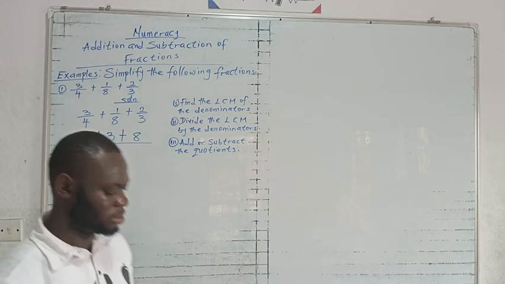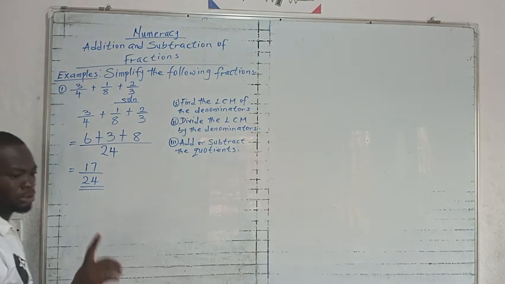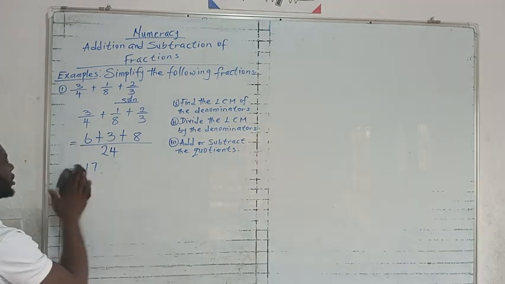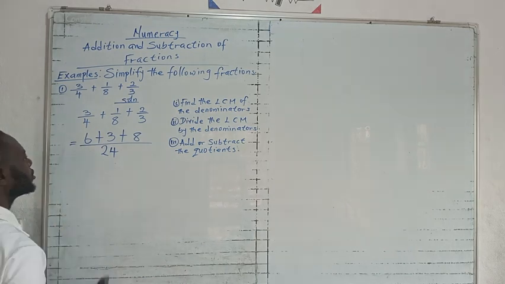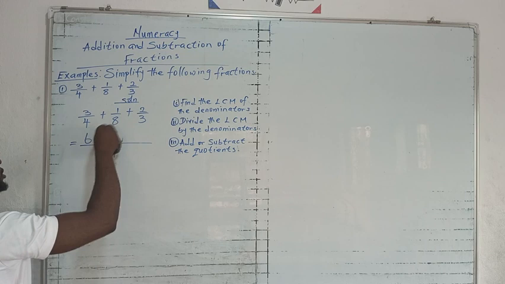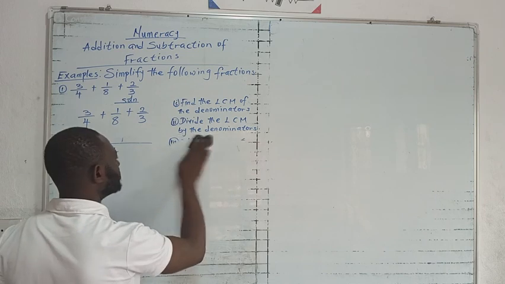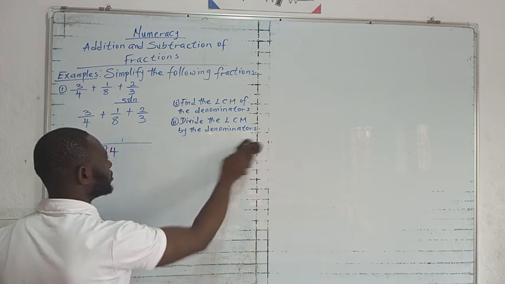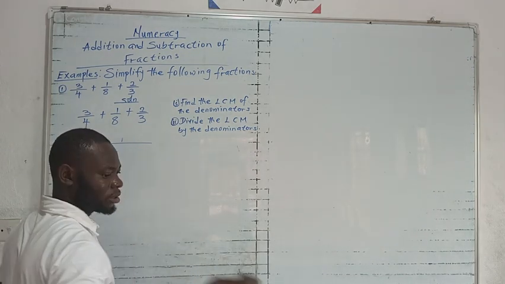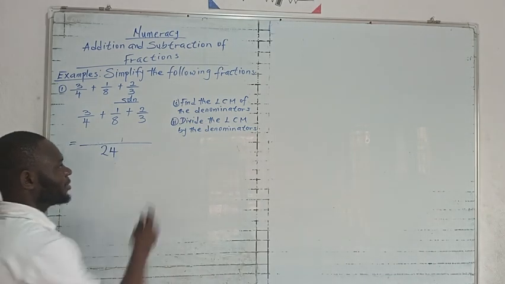Okay? No. There's a mistake here. Sorry. I made a mistake. There's a mistake here, and there's a mistake here. Okay? I did not complete this step, that's why.